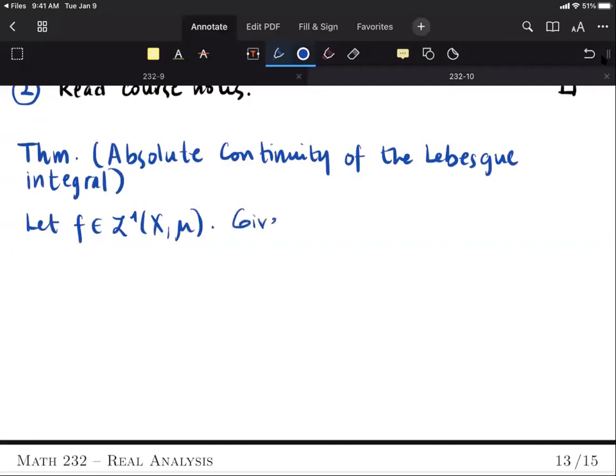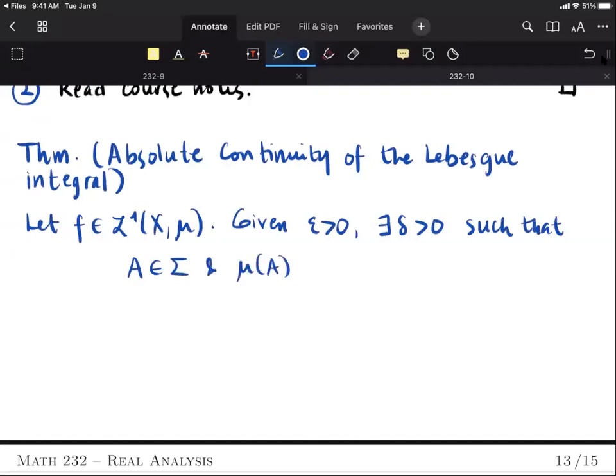Given a positive epsilon, there exists a positive delta, which in general depends on epsilon and on the function f, such that if A is a measurable set having measure less than delta, then the integral of f over this set is less than epsilon.